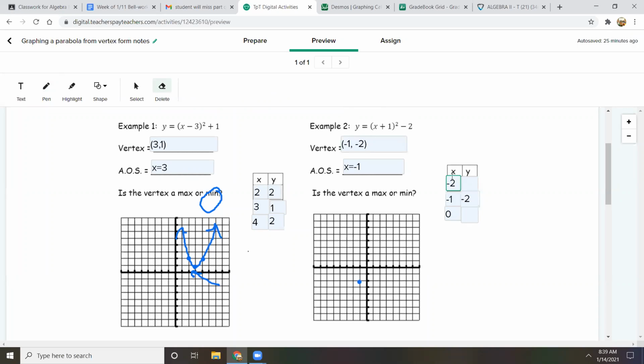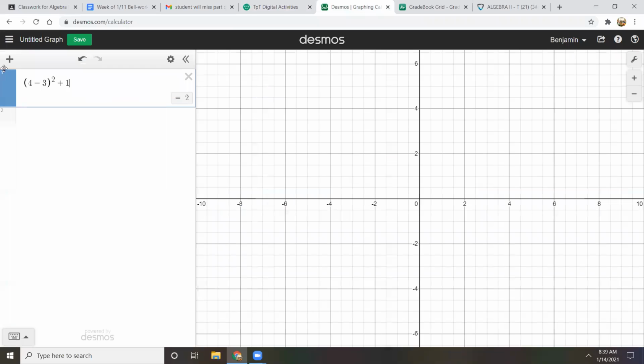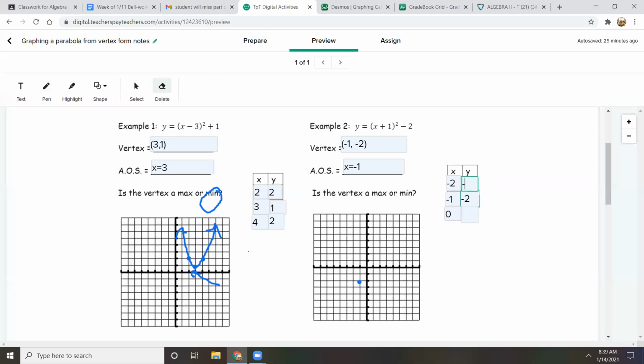I'm going to first plug -2 into that (x + 1) squared minus 2. So that would be -2 plus 1 squared. Is that what it was? Yeah, plus 1, and then minus 2 on the outside. So that would be -1. So that's what's going to go here. And honestly, this answer is going to be the same.